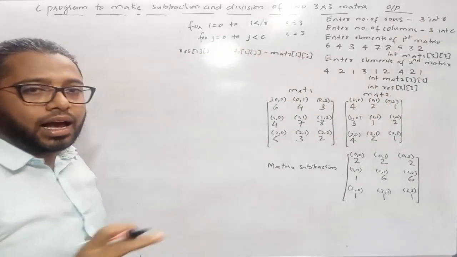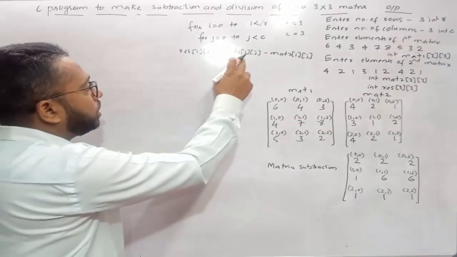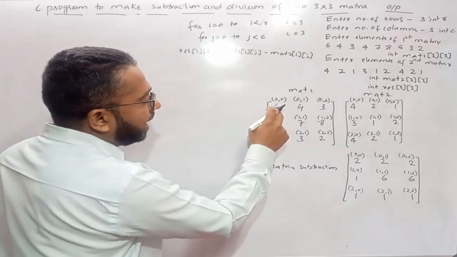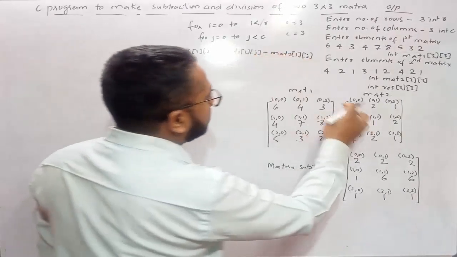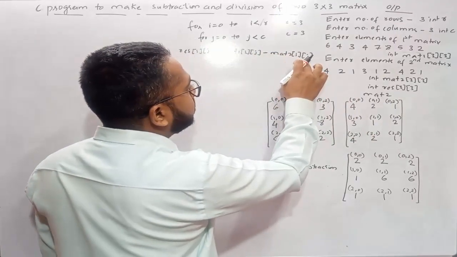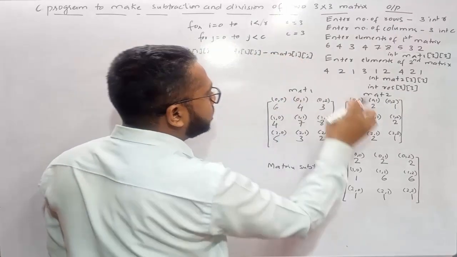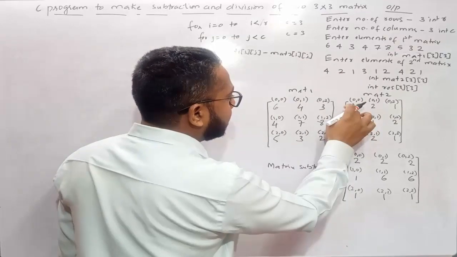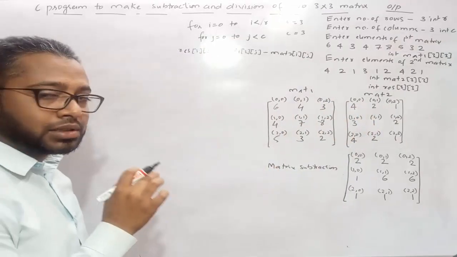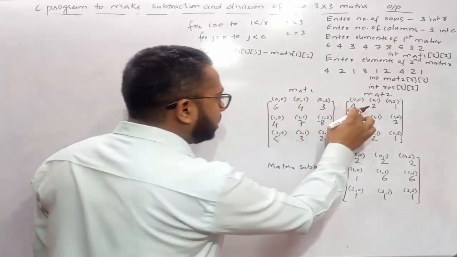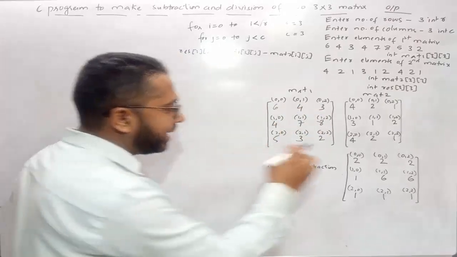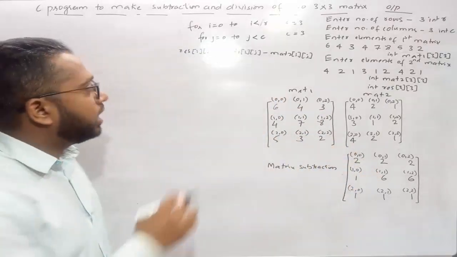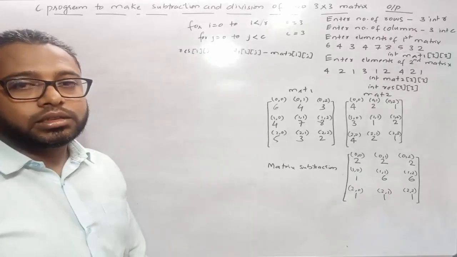Mat1 of ij, i is 0, j is 0, mat1 of 0 comma 0, that means this element, minus mat2 of ij, i is 0, j is 0, mat2 of 0 0, which means this 6 minus 4. So subtraction gets performed between these two first elements of mat1 and mat2, and we will get 2 as the output at the place 0 comma 0.